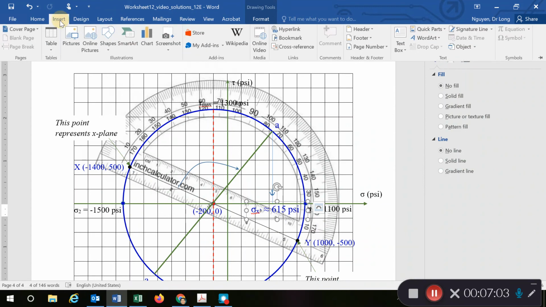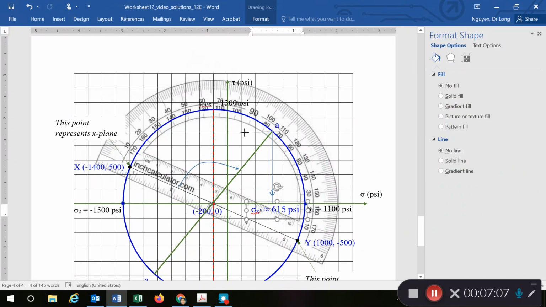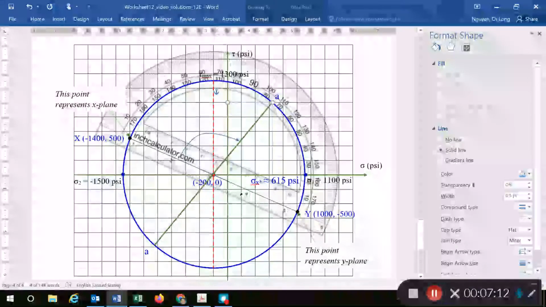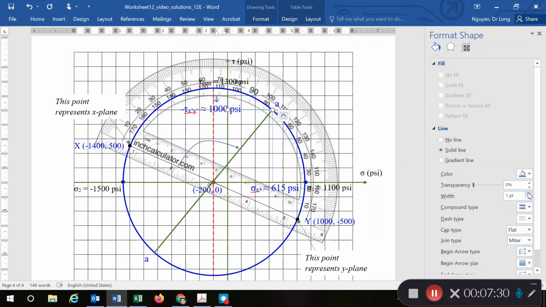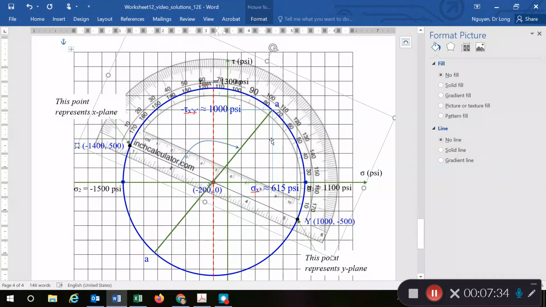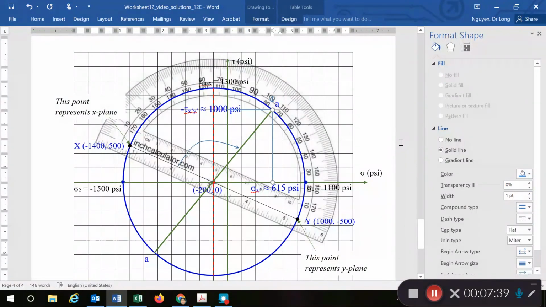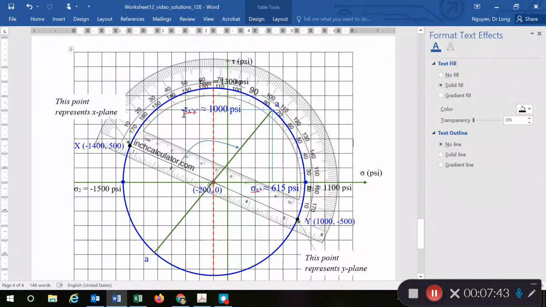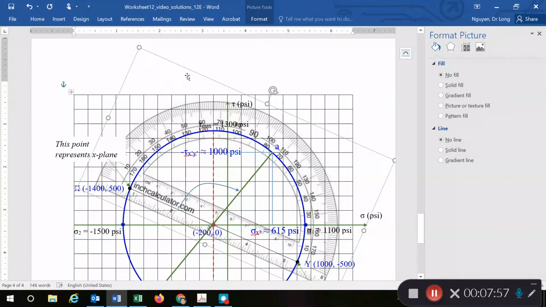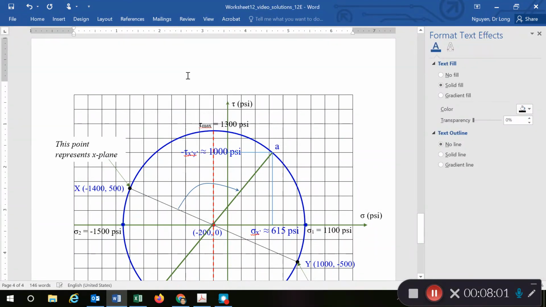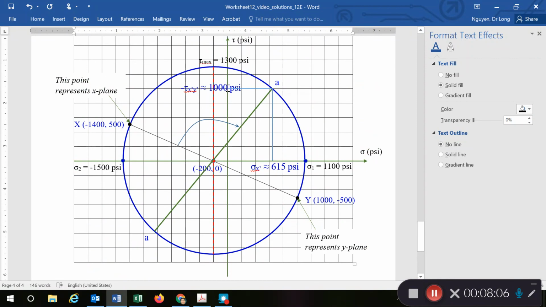Drawing the line parallel to the horizontal, we see the shear stress, and whatever you read there is the negative tau x apostrophe y apostrophe, 1000 psi, because the sign convention of tau in the Mohr circle and in the analytical method are not the same.